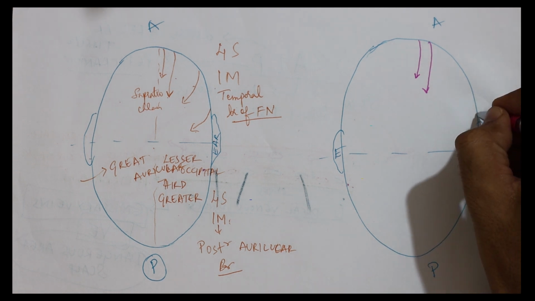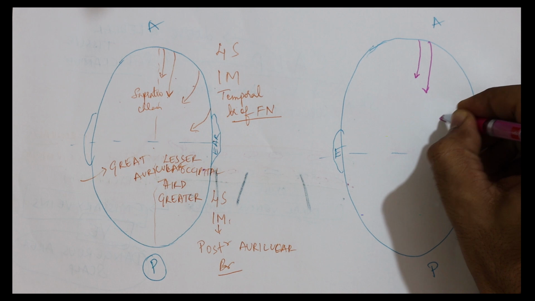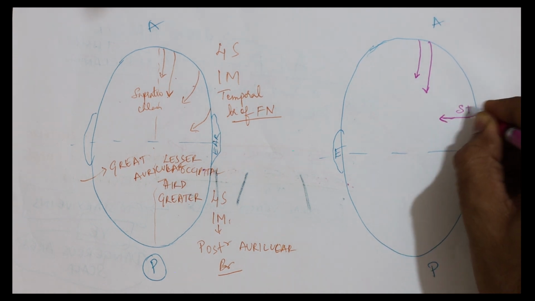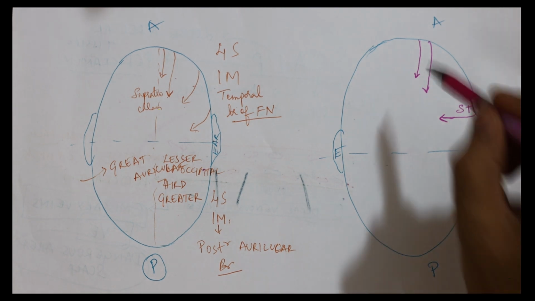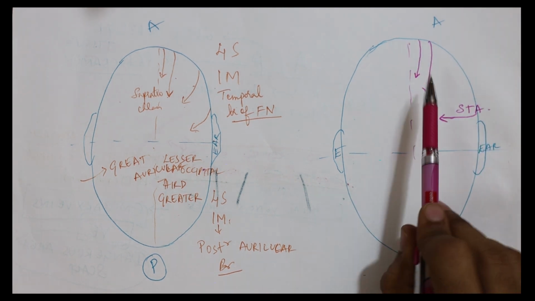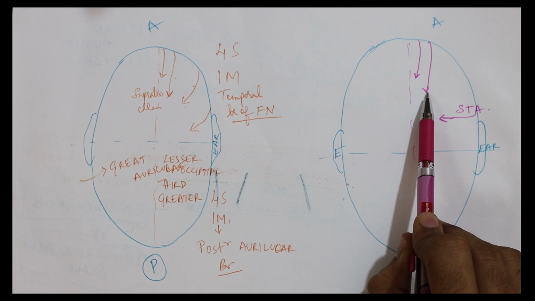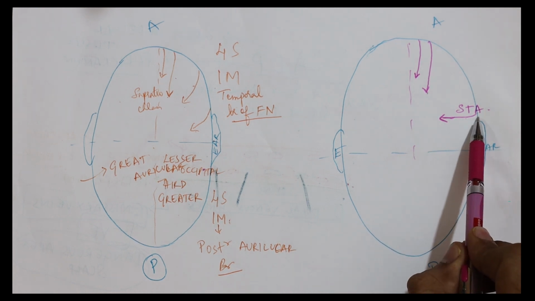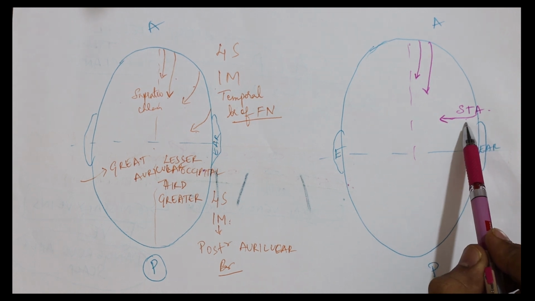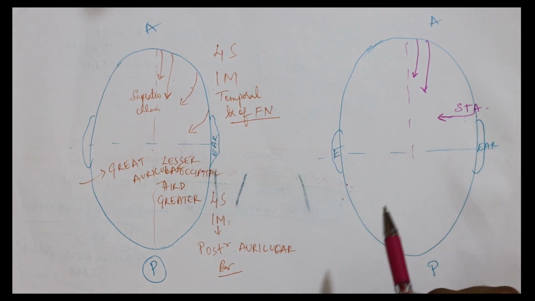Apart from this, there will be an artery which ascends along with the auriculotemporal nerve, which is called the superficial temporal artery. So these are the 3 major arteries in front: supratrochlear and supraorbital, branches of the ophthalmic artery, and the superficial temporal artery, which is one of the terminal branches of the external carotid artery.